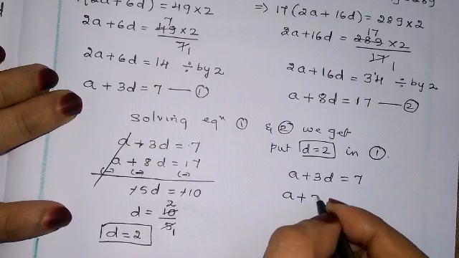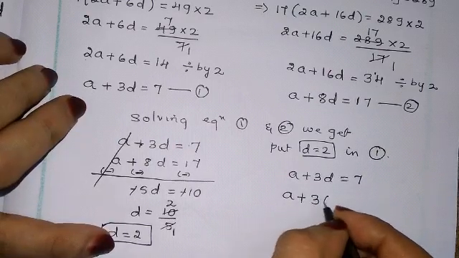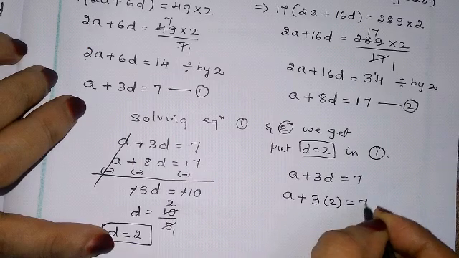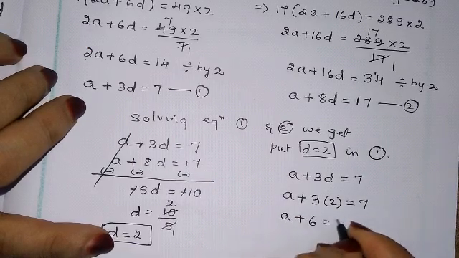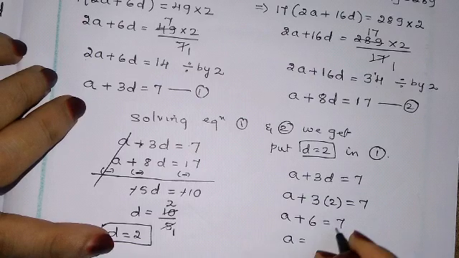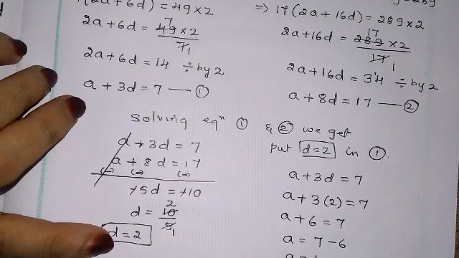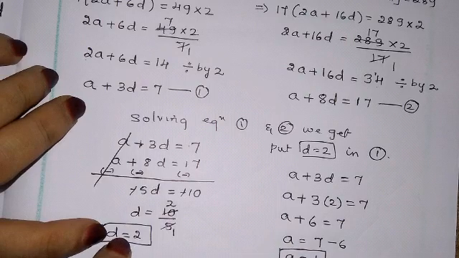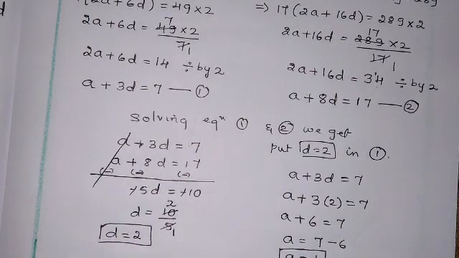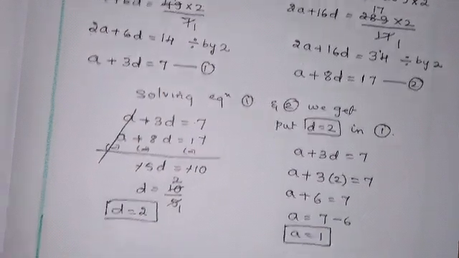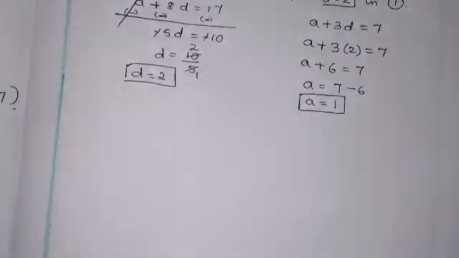Let us keep 3 as it is, but in place of d, I'll write 2. a plus 3 twos are 6 is equal to 7. a is equal to 7 minus 6. a is equal to 1. We got a also. We got d is 2 and a is equal to 1. Now what have they told us to find? They have told us to find Sn. Let us find Sn now.